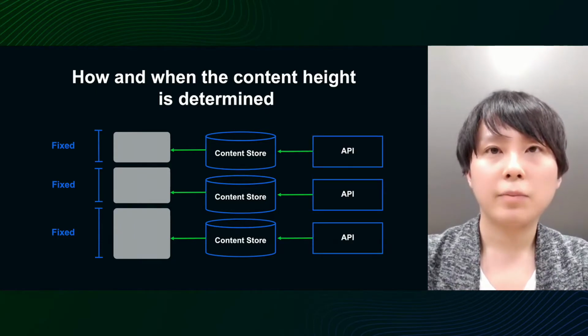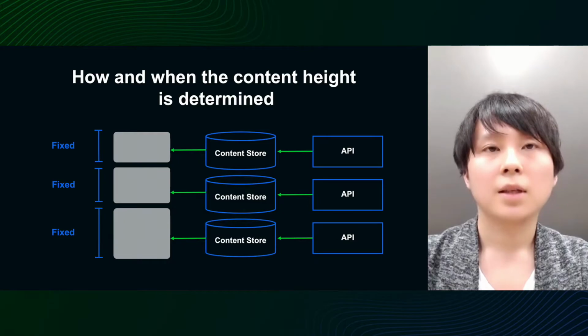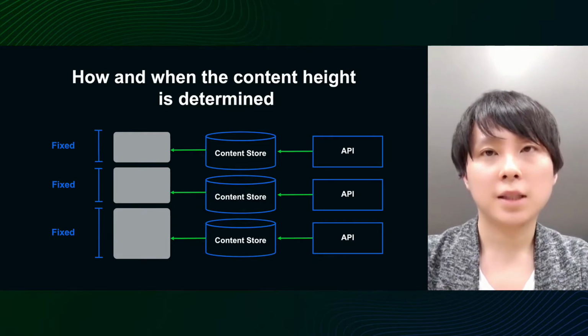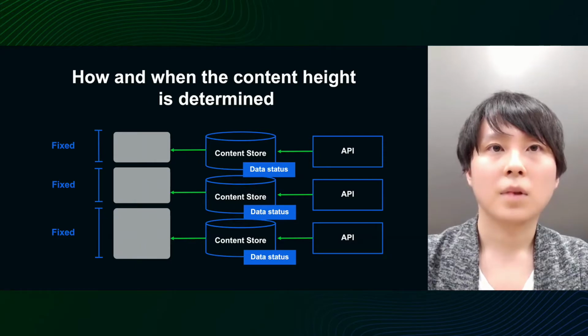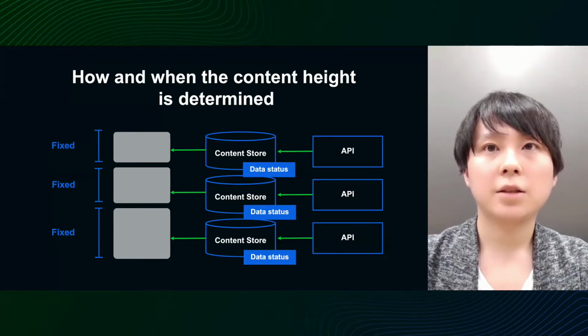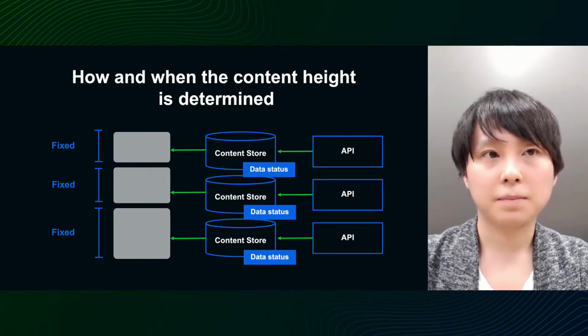Since each content store stores data through the API, the data is stored in the store asynchronously. In other words, the ability to draw a component and determine its height depends on whether the data in the content store is fixed or not. The status of data is called data status and newly added to store of each content.